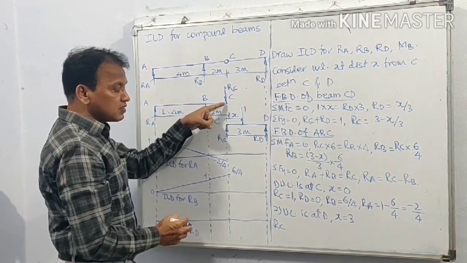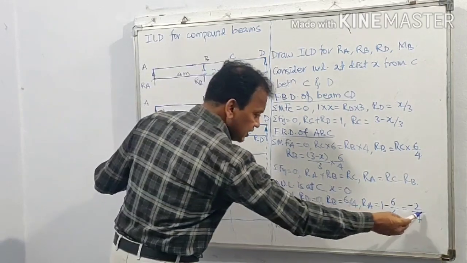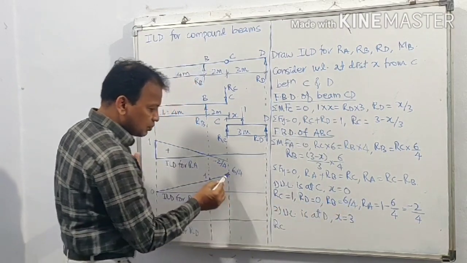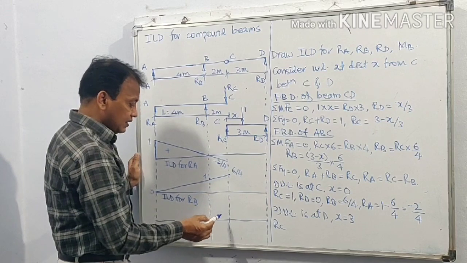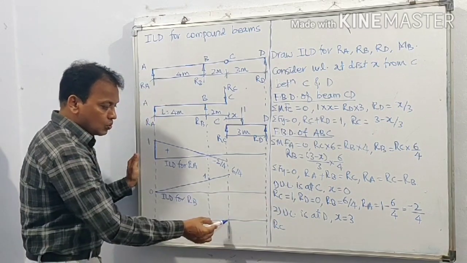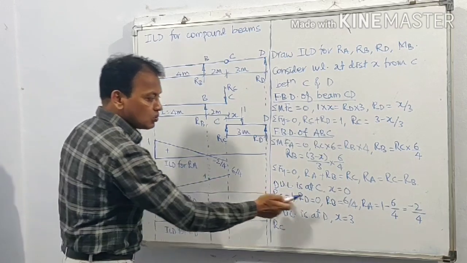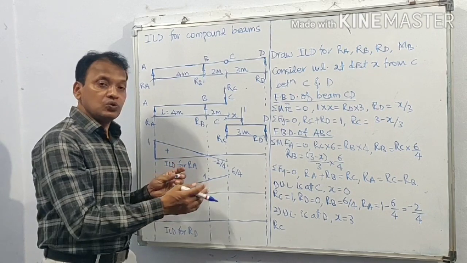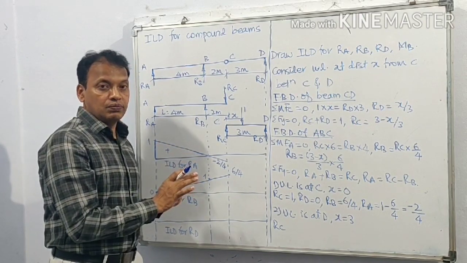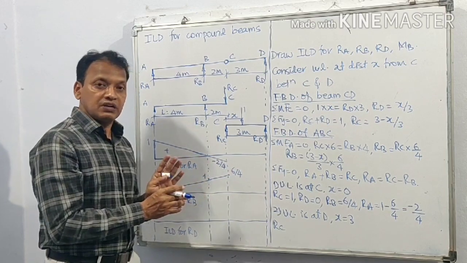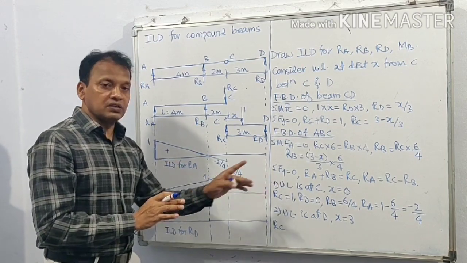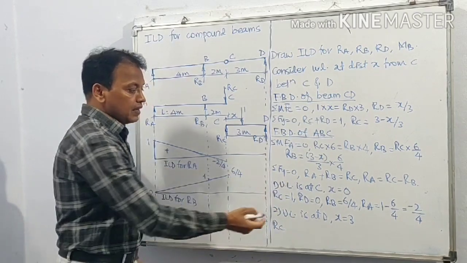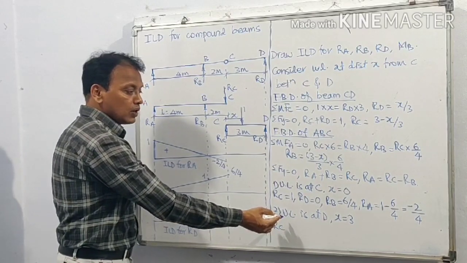When the unit load is at C, RA is minus 2 upon 4, RB is 6 upon 4, and RD is 0. So it was not really necessary to make the calculations once again for the unit load at C; it was only to verify, and to show that both methods give the same values. If you have understood this, you need not write it again. You can directly go for the position of unit load at D.